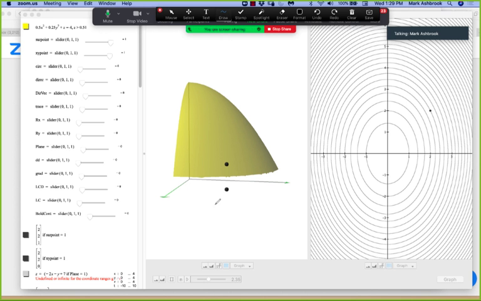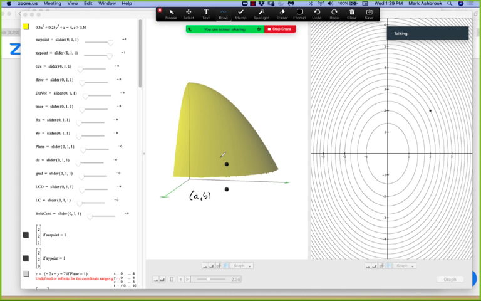This is just going to be any arbitrary point, A, B. This point then would be the ordered triple A, B, h of A, B. Now, this is kind of review, but I'm going to deviate a little bit from A, B in any direction, arbitrarily, to a new point here, which I'll call X, Y. So X, Y represents any other point that's just somewhere close to A, B.